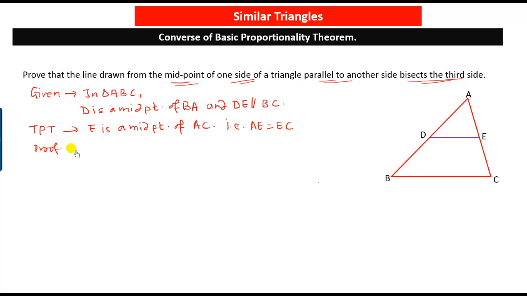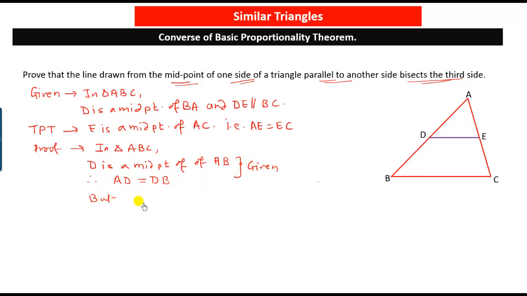So proof: in triangle ABC, D is a midpoint of AB, and therefore AD is equal to DB. This is given.